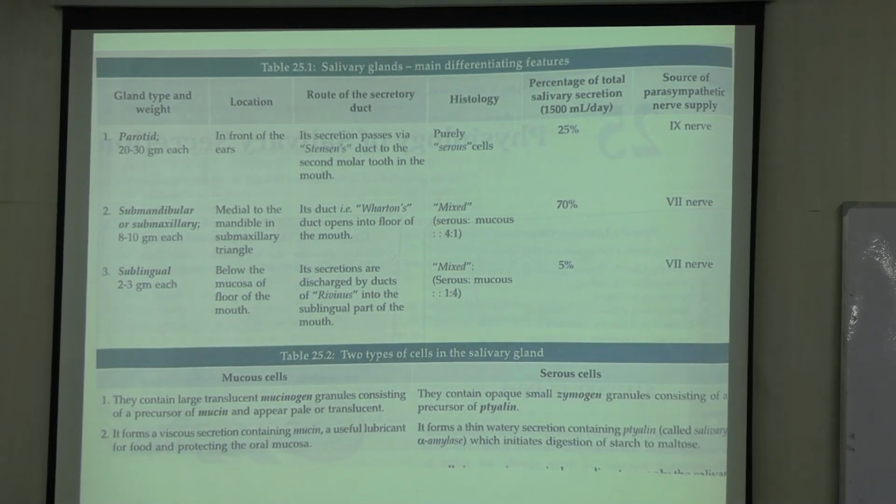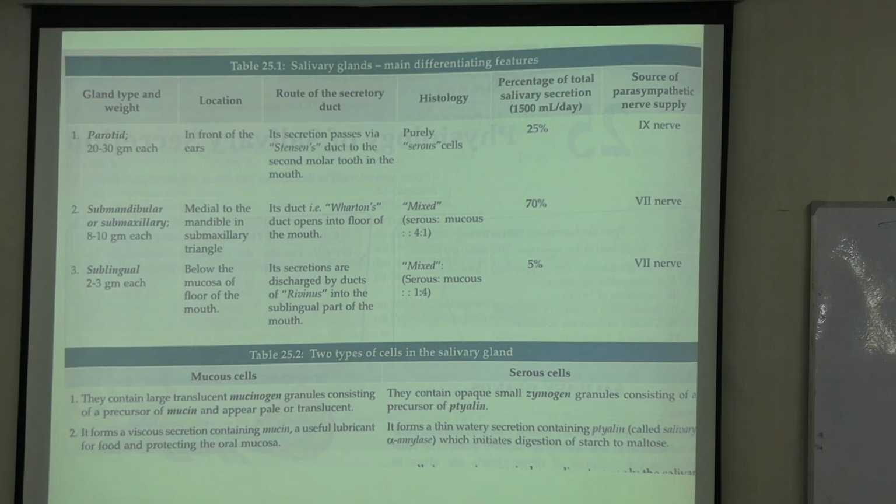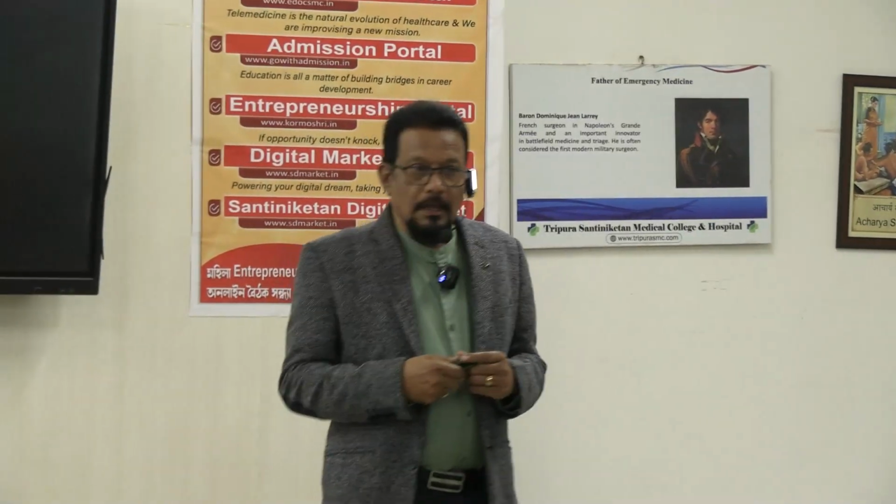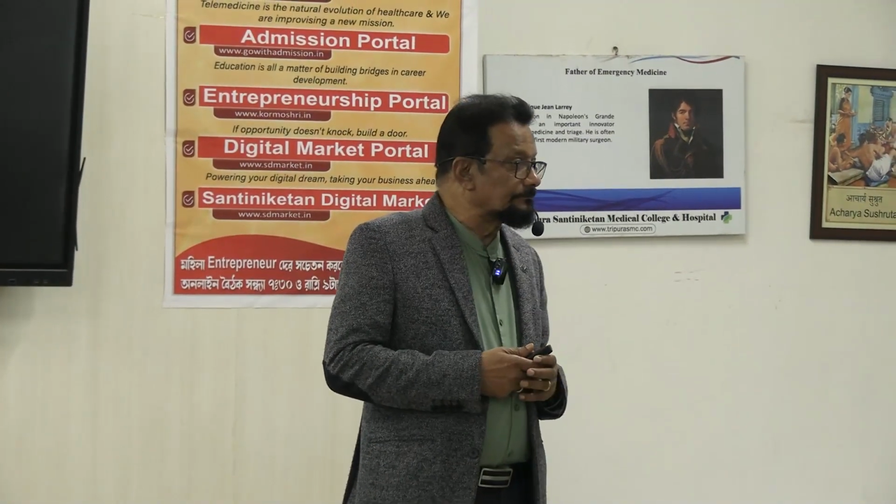And the percentages I told. These glands are connected with the autonomic nervous system.